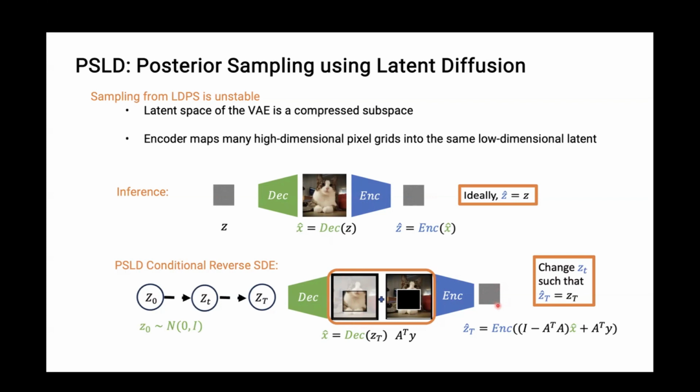And once I have that, I can regularize it such that this Z hat T, which is what I think should be the latent vector, is consistent with what I predict is the latent vector. It's a certain regularizer which you're forcing, which is trying to deblur things.